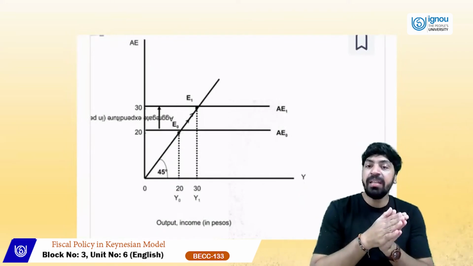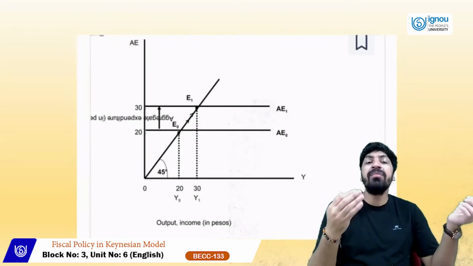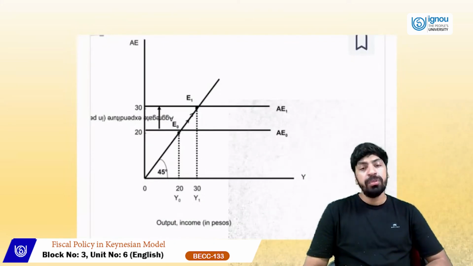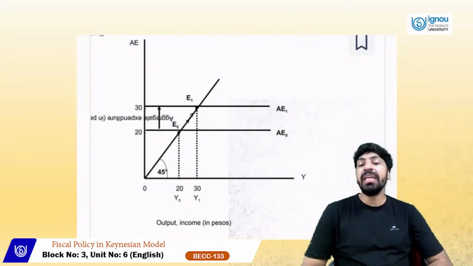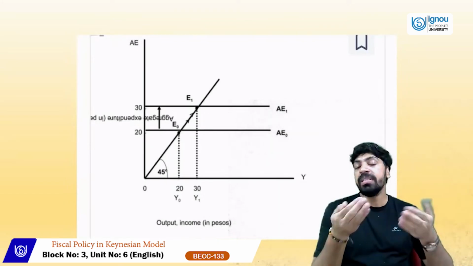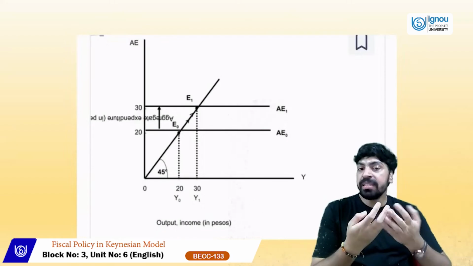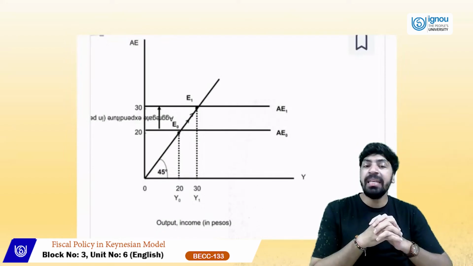That means when the aggregate expenditure increases, the equilibrium point will shift from E0 to E1. So E0 is the original, and when the expenditure increases, the new equilibrium point obtained is E1.